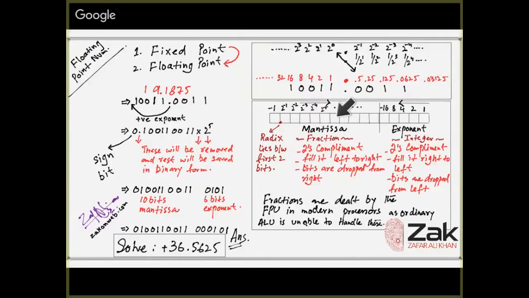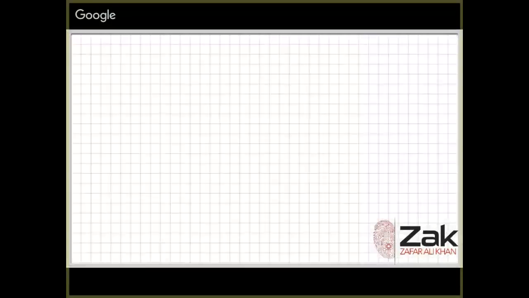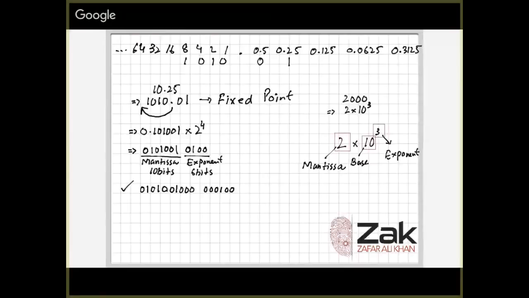Alright. So in Mantissa, what actually happens, because the point lies between the first two bits and the Mantissa is growing on the right, we always have 1 on the left.